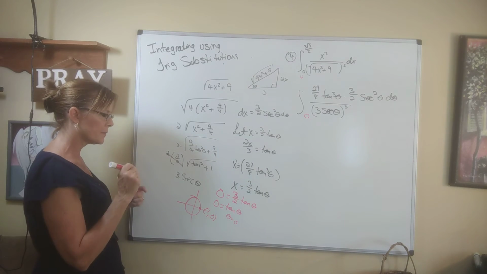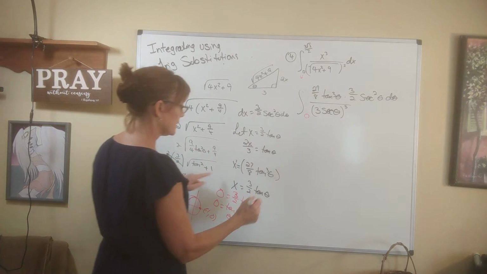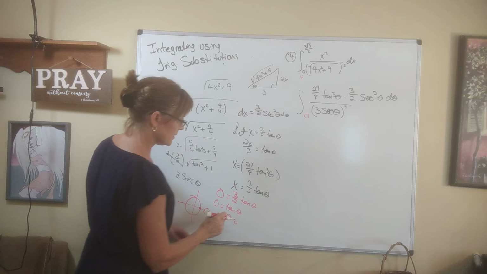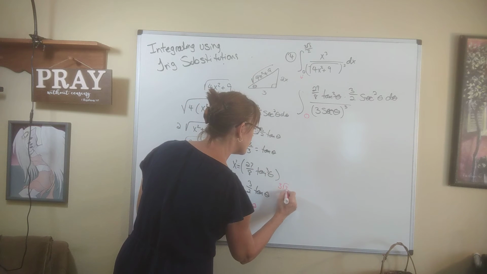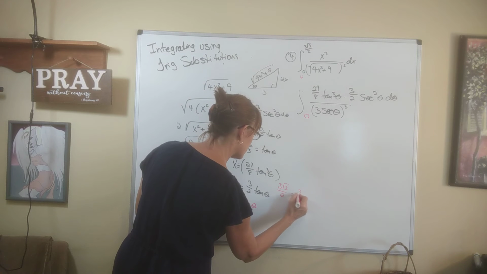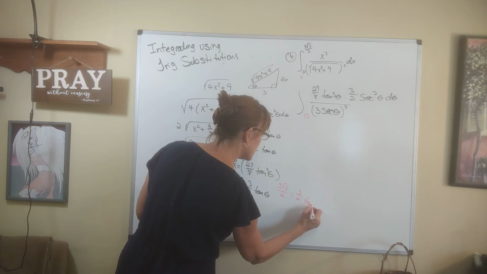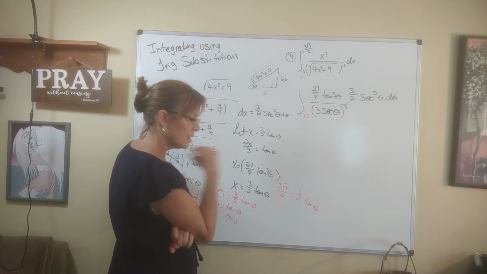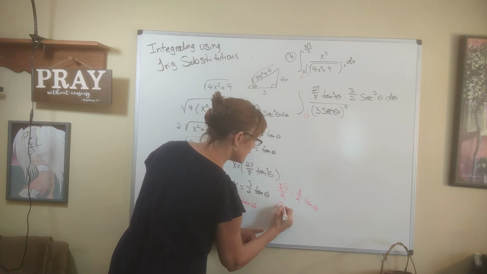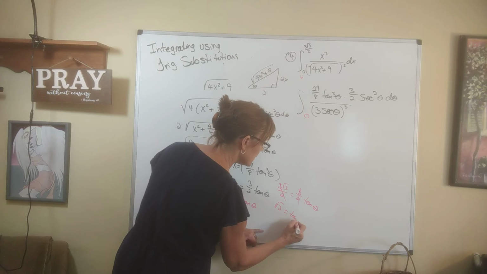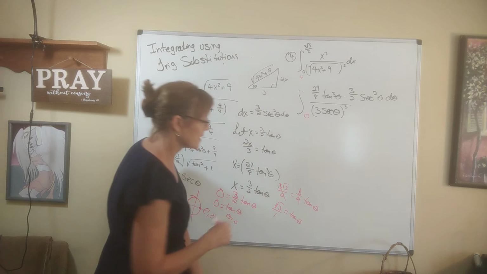Okay, what about the upper limit? When x is 3, root 3 over 2 is equal to 3/2 times the tangent of theta. I can multiply both sides by 2/3, and so then I just get the square root of 3 is the tangent of theta, and I like to think of it over 1.